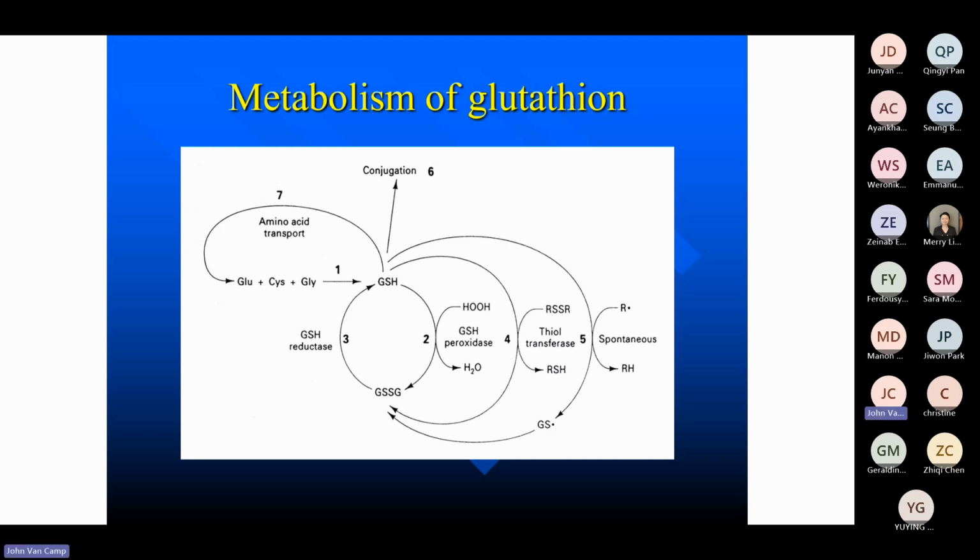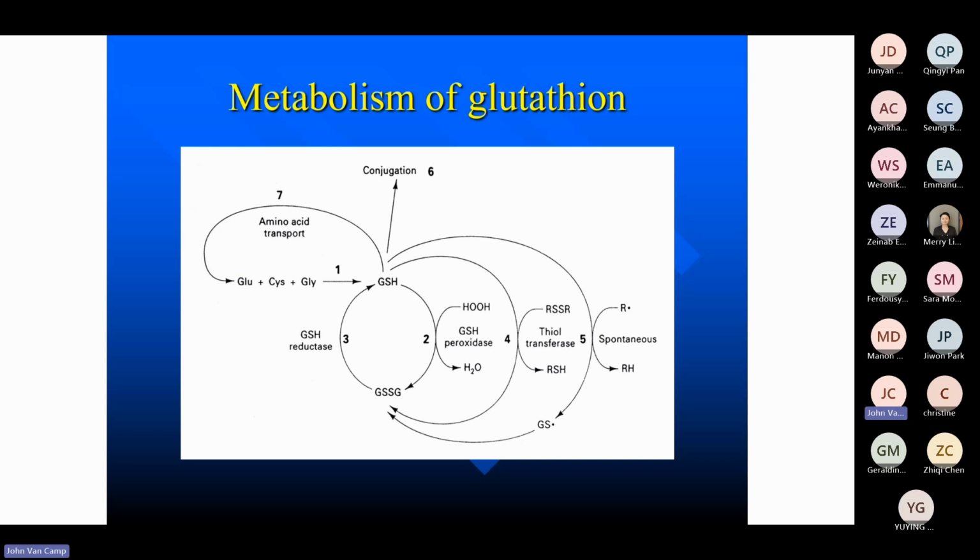You can regenerate the original molecule by reducing it again in the presence of a reductase, which is an enzymatic approach which will not generate new radicals. So in this way, glutathione is the perfect catcher of radicals and the perfect protector against radicals in the human body.